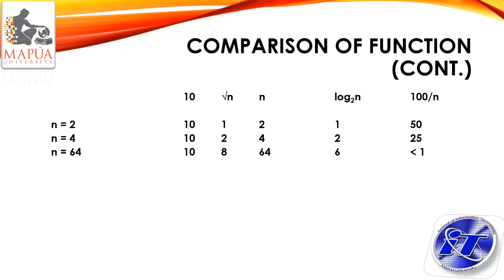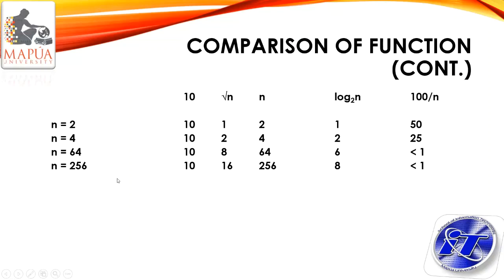Okay, how about n equal to 64? Still, the constant is the same, and square root of n, n, and log n increase as n increases, but here it decreases. How about n equal to 256? The constant is the same, 100 divided by n is less than 1, and the highest is n compared with the other algorithms.